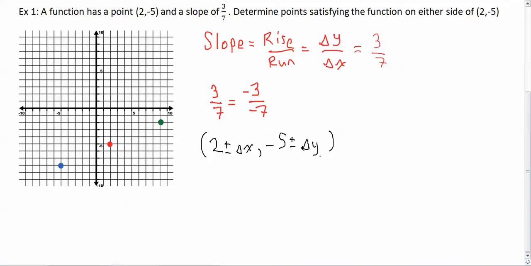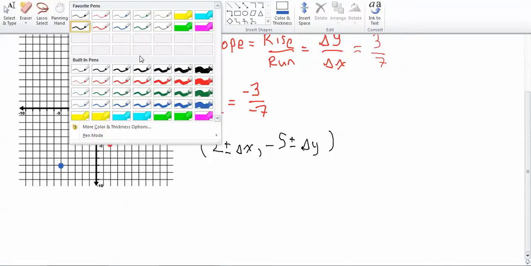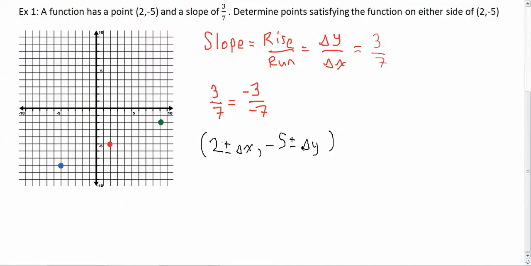Okay? So this is a way to get from one set of points to another set of points, simply by using the definition of slope as change in y over change in x. So to get to my green point, what I'm going to use is I'm going to add both of them. And here's the trick. You want to be consistent.